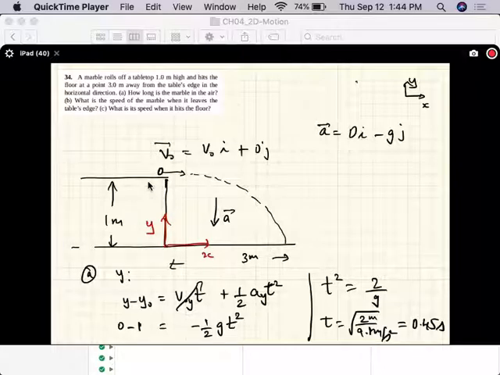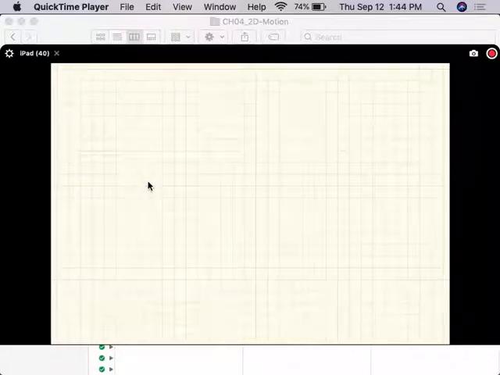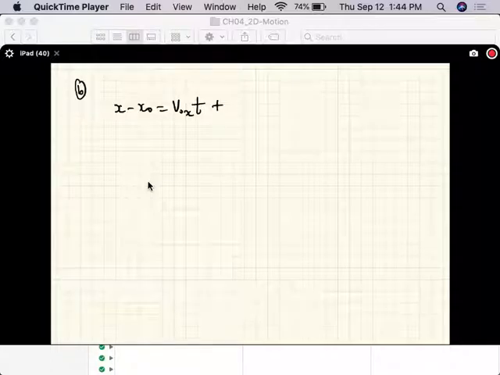What is the speed of the marble when it leaves the table? What we're trying to find is v naught. Since we want that, let's look at the x component of the motion: x minus x naught equals v naught x t plus 1/2 a x t squared.